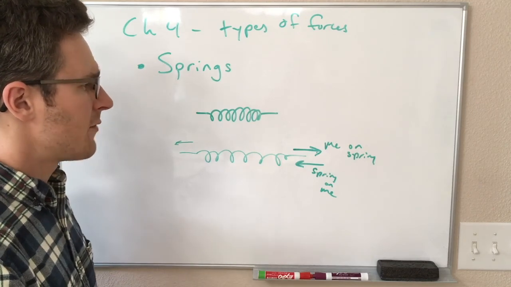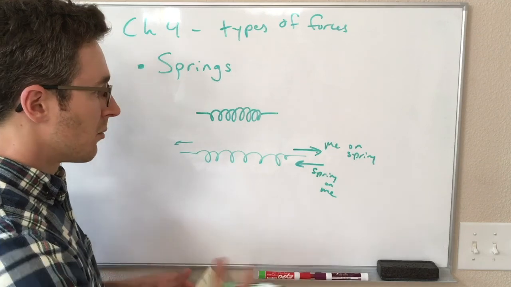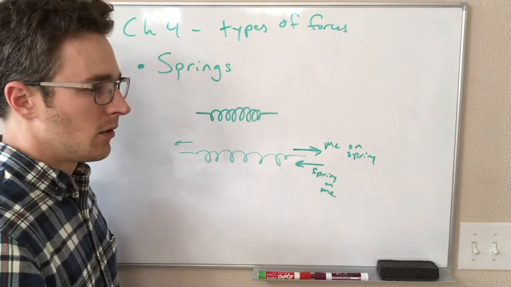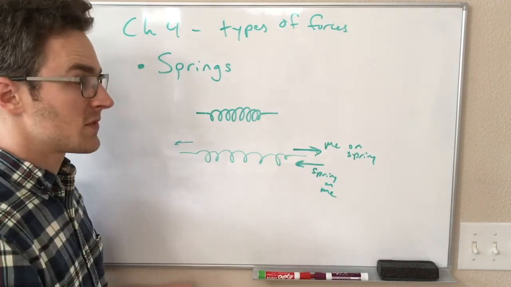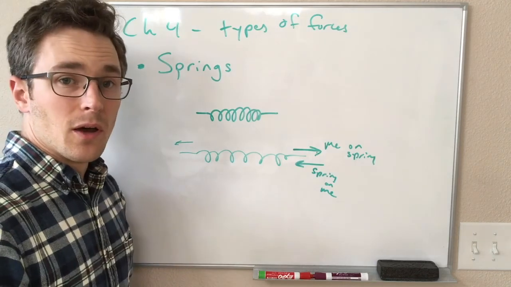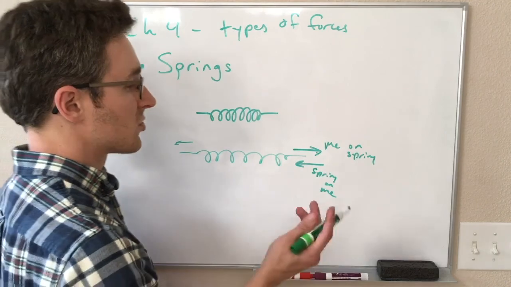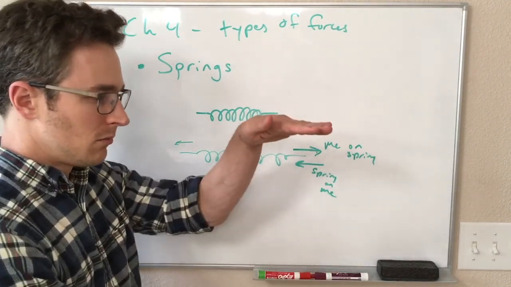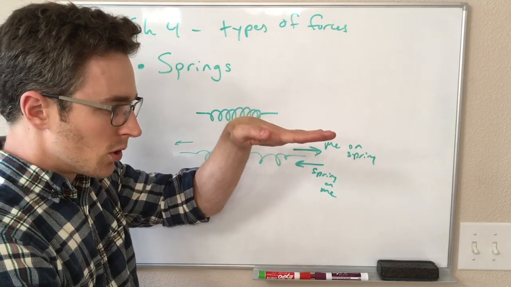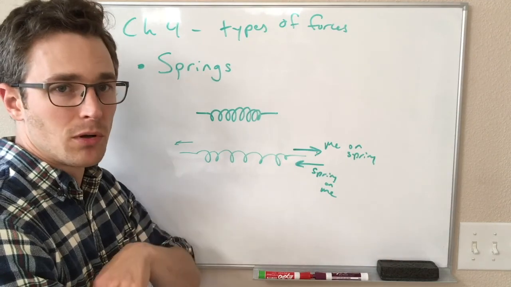Now, we can have springs that stretch. We can also have springs that compress. So contrast this kind of spring that we pull on, which might be like a slinky, with something like a bed spring or a spring in a mattress, where it starts out with some height to it, and you compress it, it gets shorter, you push down on it, and it pushes up on you.